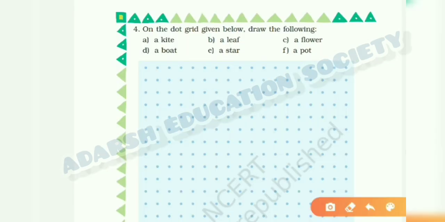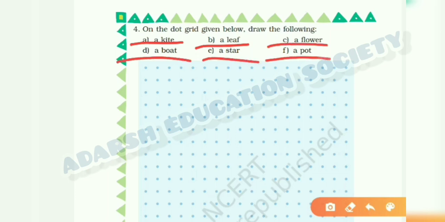Now question number 4. On the dot grid given below, draw the following. Here you have to draw this pattern using these dots. First one you have to draw kite, second leaf, third flower, fourth boat, fifth star and sixth one pot.